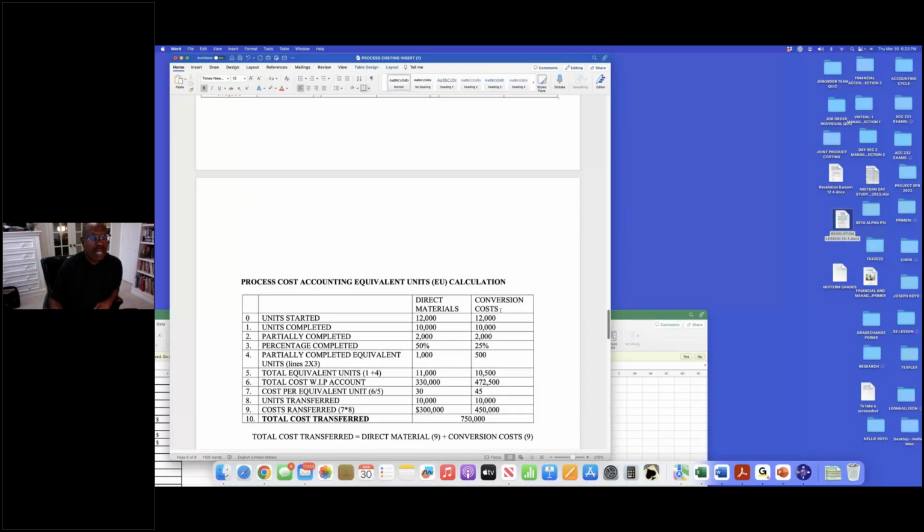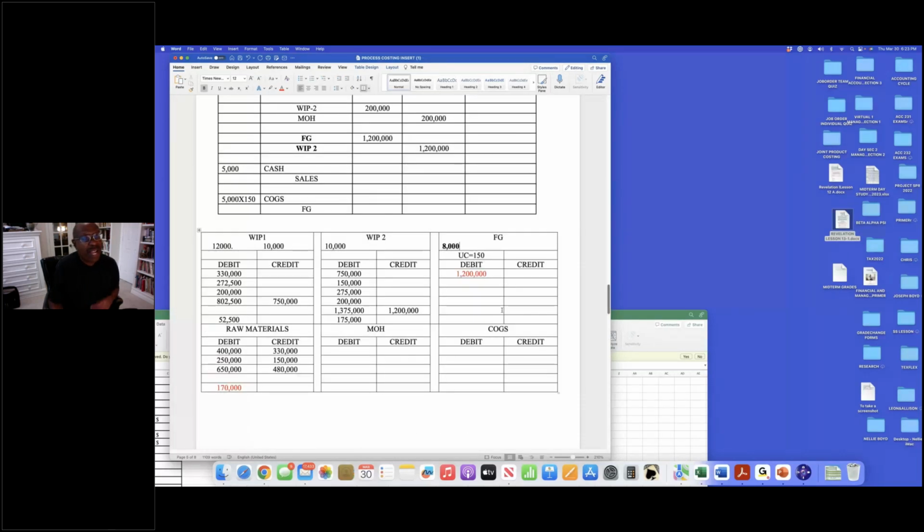So if we sell 5,000 units, we've got to multiply 5,000 times 150. What's our cost going to be for the units we sold? Cost of goods sold is going to be 750,000.